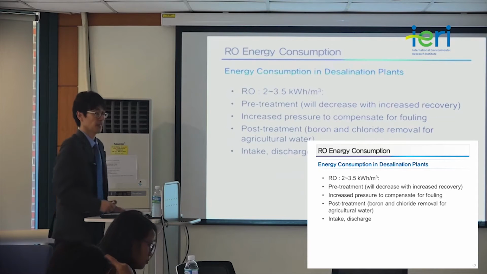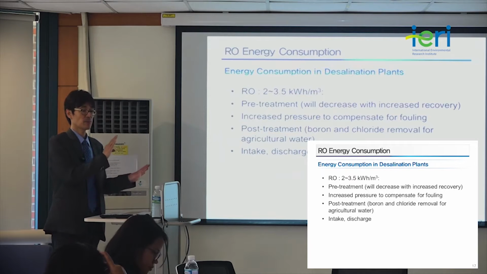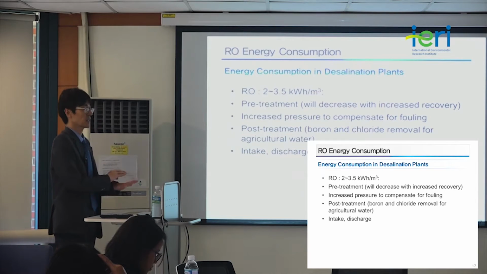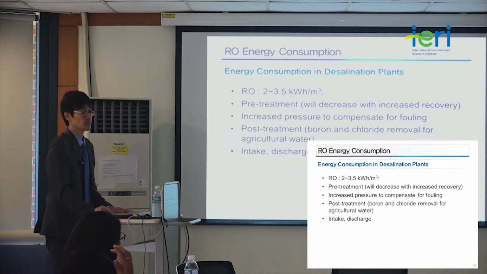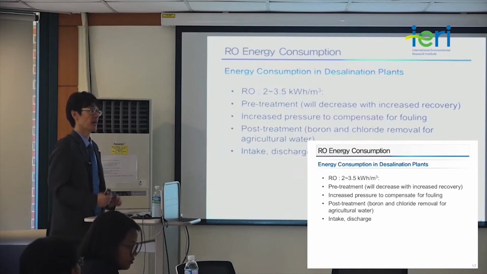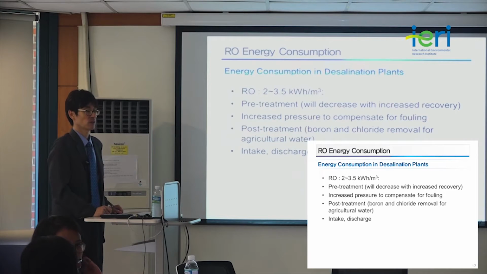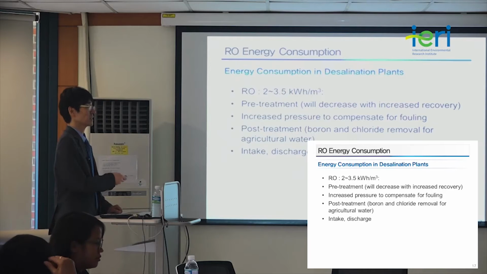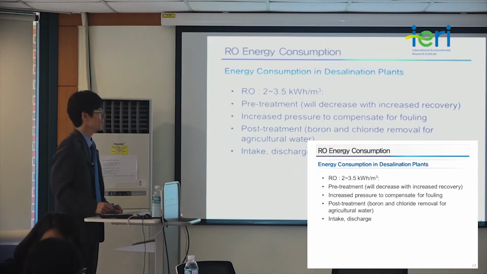So for example, if membrane fouling occurs, membrane fouling means some impurities are deposited on the membrane surface, so the membrane performance will decrease, and in such cases, you have to apply higher pressure to get the same amount of water. So the pressure increases, so the energy consumption increases, and that's another reason that you will have an increase in the energy consumption.